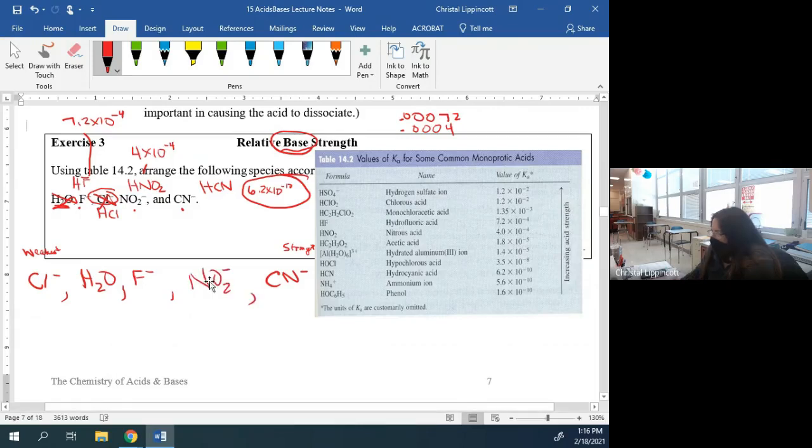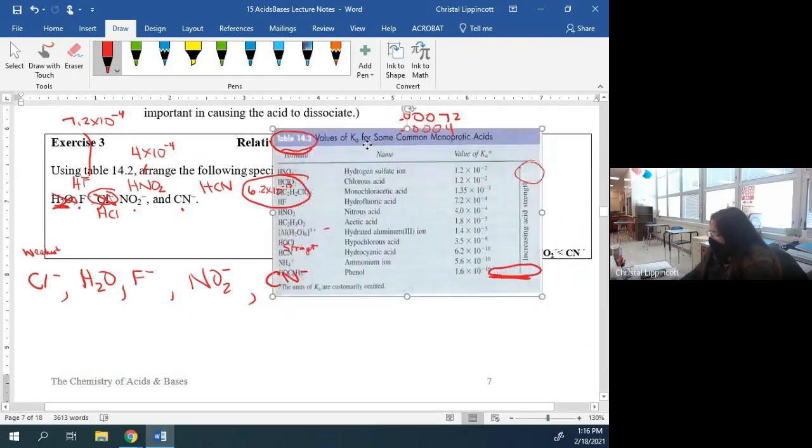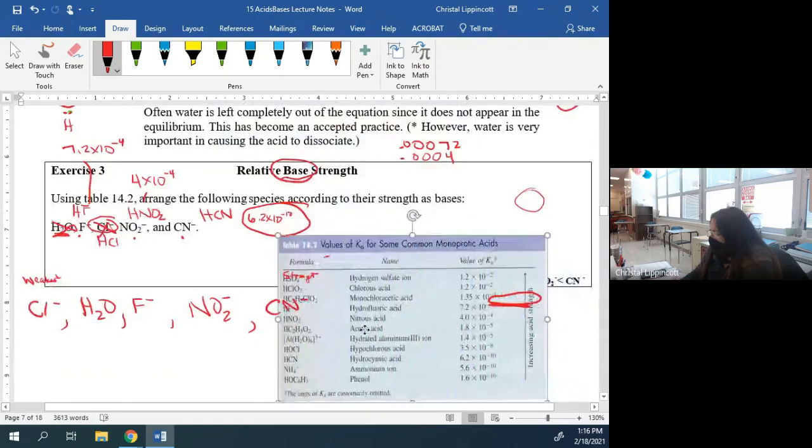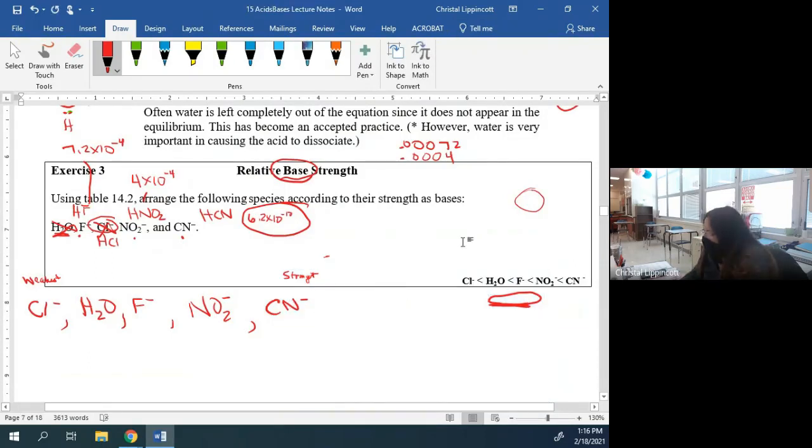Now we can go back and check what it says. If we're trying to do the opposite, then we're basically listing them from strongest to weakest acid. So this was the strongest acid to the weakest acid, which would make this the weakest base to the strongest base.